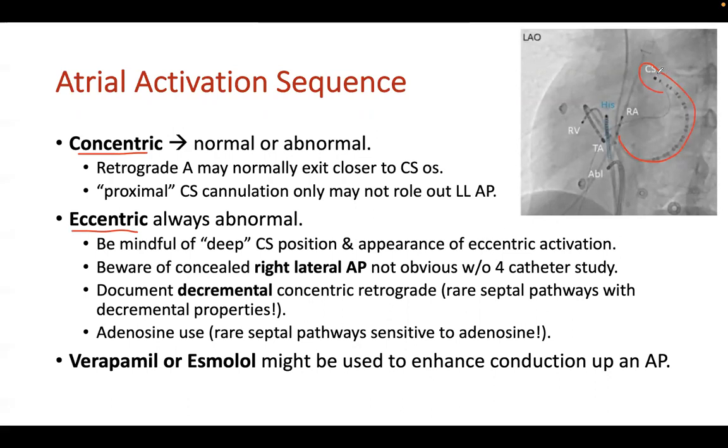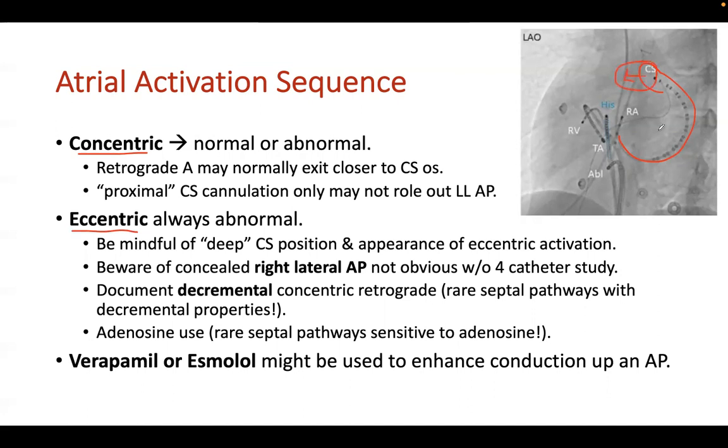For example, go back to this X-ray. Sometimes we can intubate the CS very deep, such that the CS catheter turns and goes back anterior. If this is the case, especially with people with big CSs, you might see an early signal at the tip of the CS catheter just because you are very anterior.